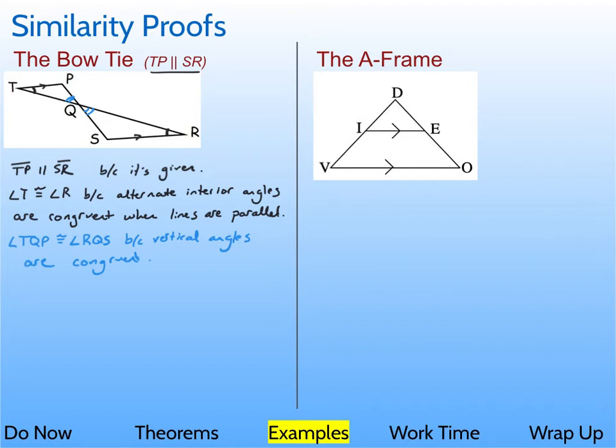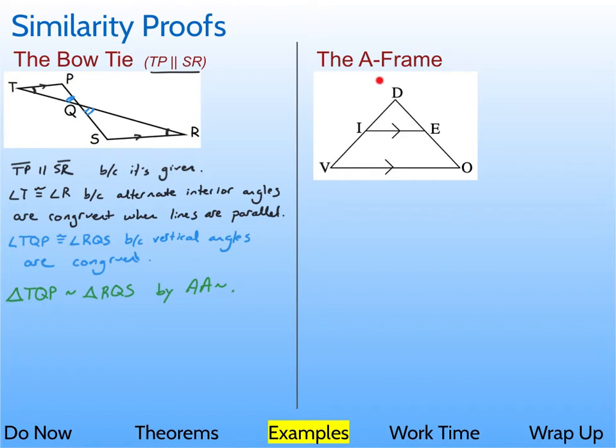And now, if you look at it, we already have angle, angle. So right there, we have enough to say these triangles are similar. So it says triangle TQP is similar to triangle RQS by angle, angle. Simple, easy, not so bad.